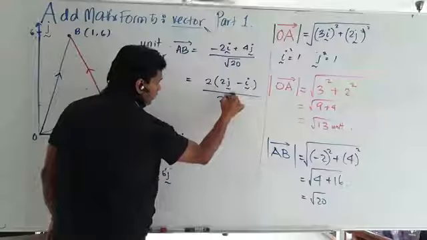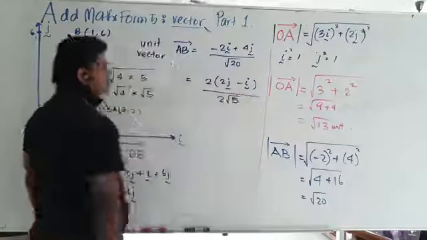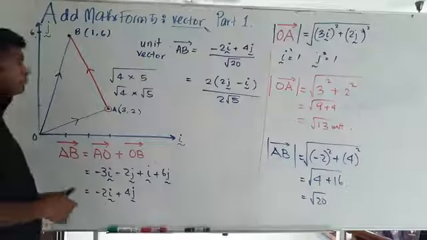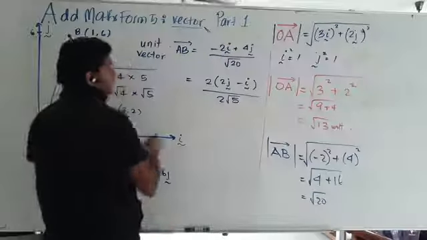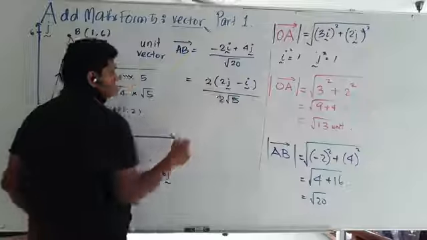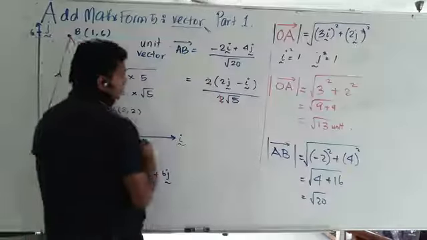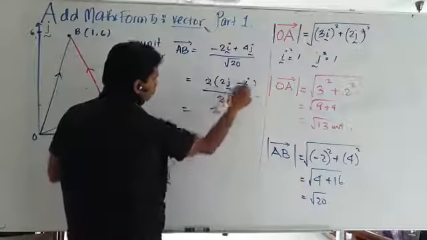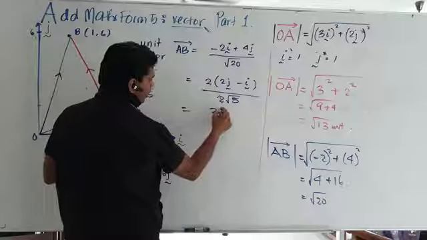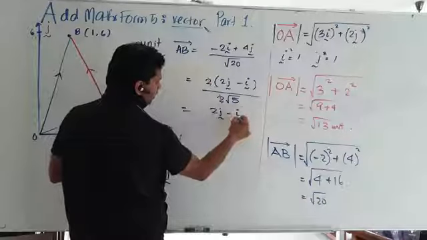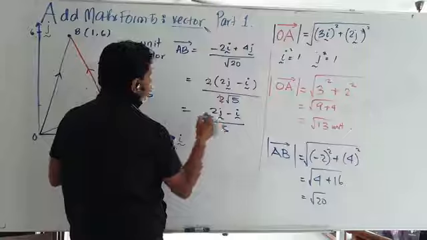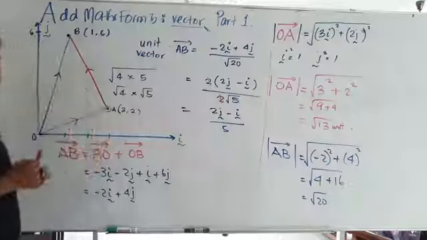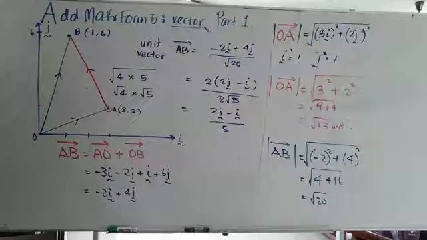So in exam, it has to be like this. Then the 2 is gone. So your final answer will be 2j minus i over square root 5. So that's called a unit vector.